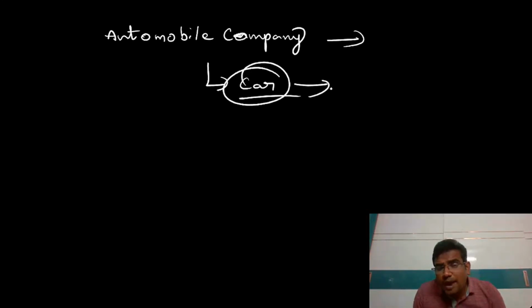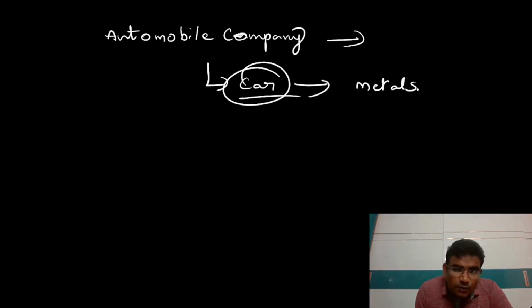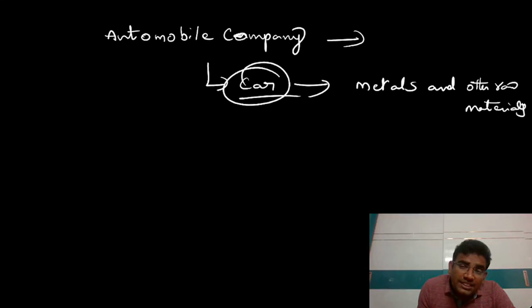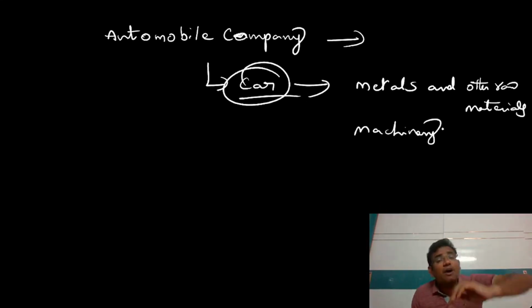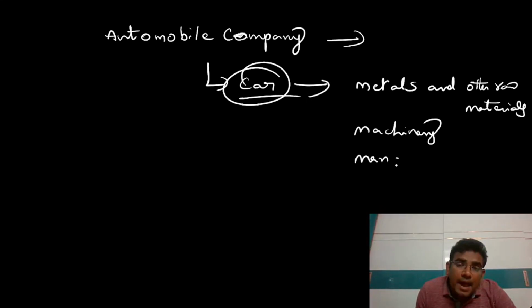Now, to manufacture the car, it requires a few metals and other raw materials. Along with that, guys, it also requires the machinery, because manufacturing the car requires heavy machinery, and it requires the manpower.